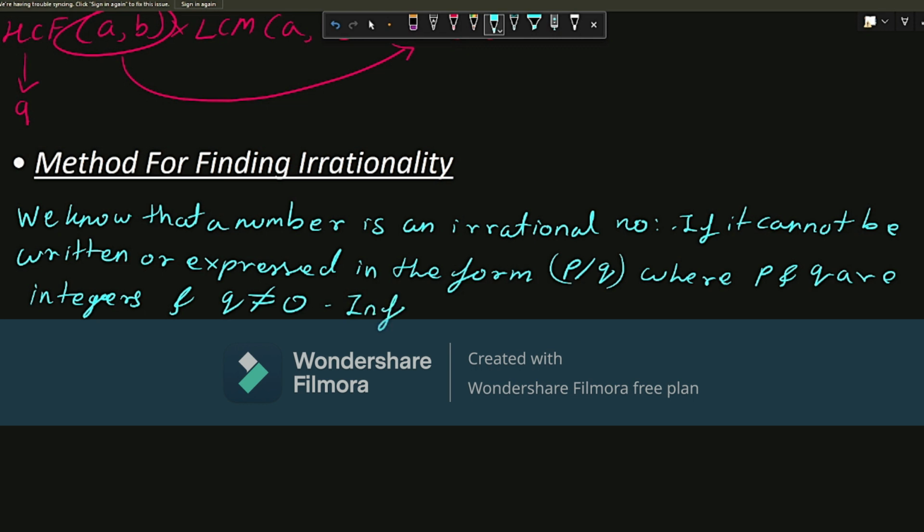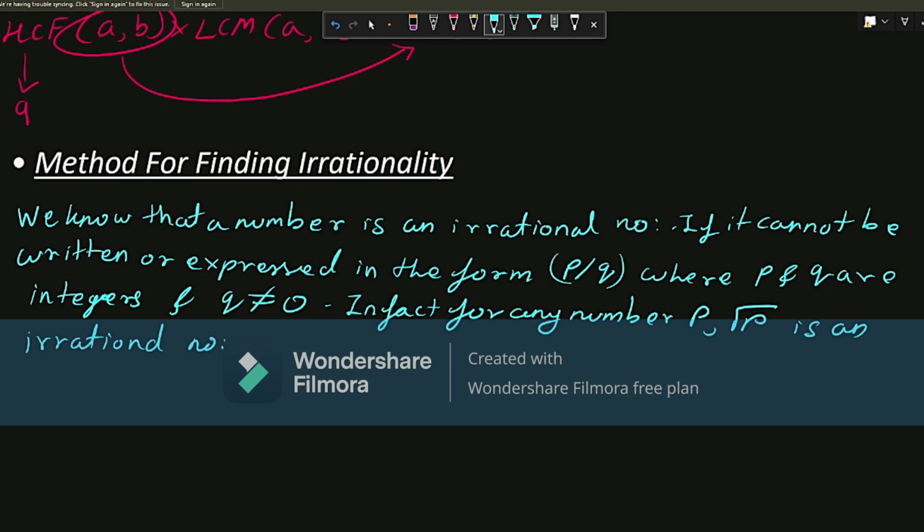In fact, for any prime number p, root p is an irrational number.